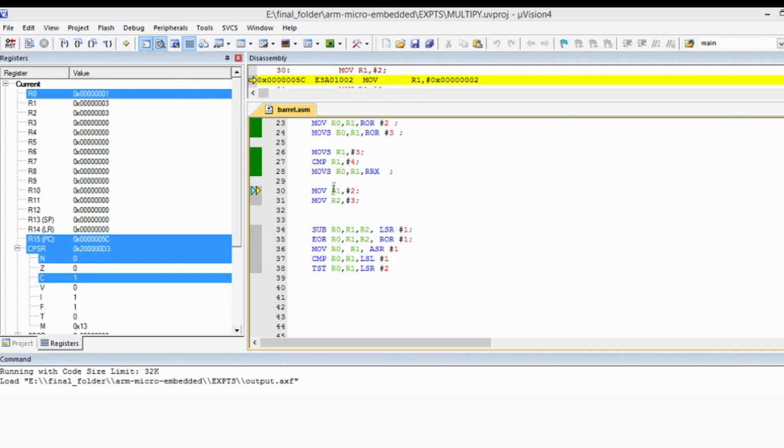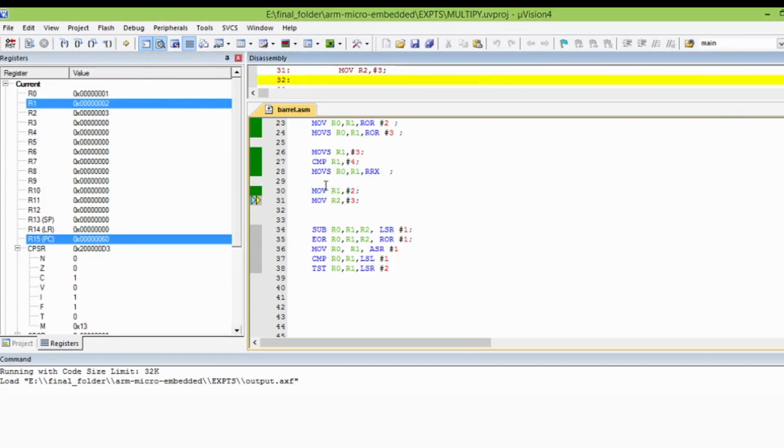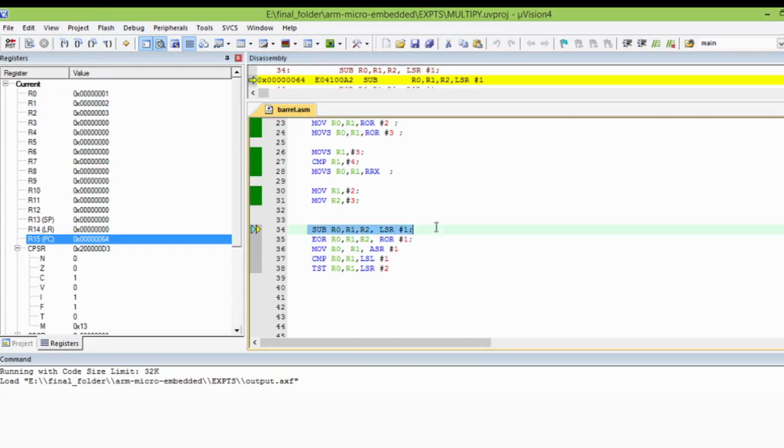Now let us see some more examples which we didn't discuss. Here I'm taking the R1 value as 2 and R2 as 3. I have included some more instructions to show that you can use this shift with many other data processing instructions other than just move and add.